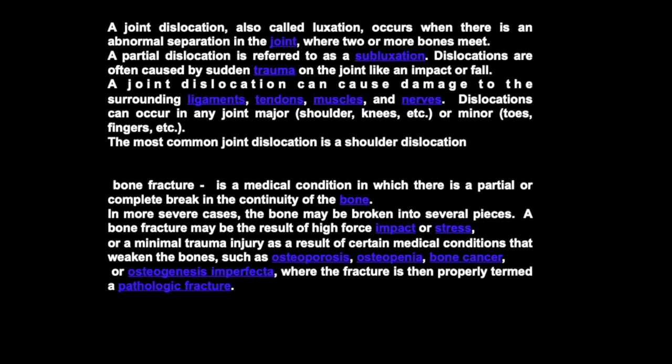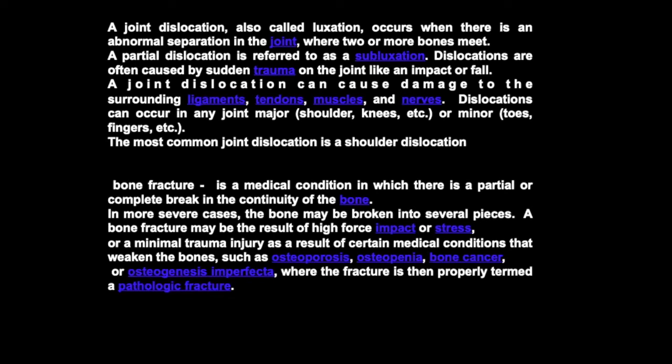A good example of subluxation is a subluxation of the shoulder after fracture of the proximal part of the humerus, because of hypertrophy of the deltoid muscle. Dislocations are often caused by sudden trauma, but sometimes it can be a result of infection or fall.